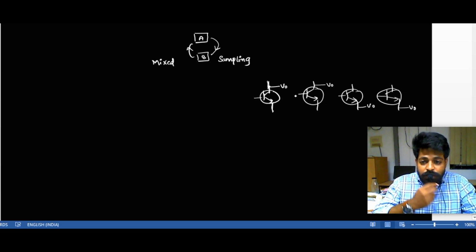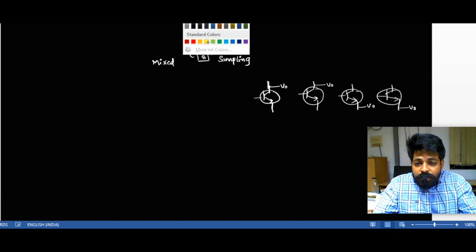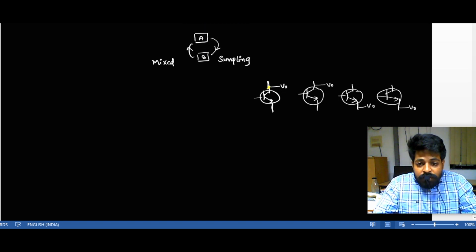In the first two cases, we are taking the output across the collector terminal, and in the third and fourth cases, we are taking the output across the emitter terminal. A feedback signal can be taken from the same electrical node. This is the electrical node across which we take the output. In the first case, I take my sample from the same electrical node, and in the second case, I take my sample from the opposite node.